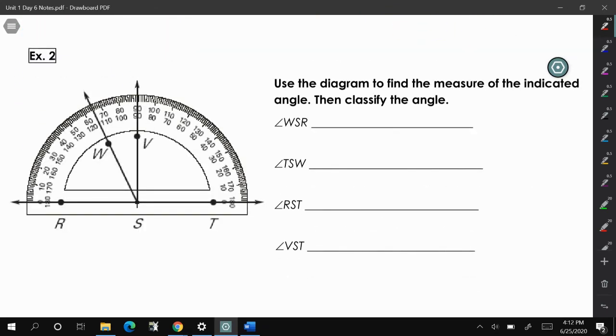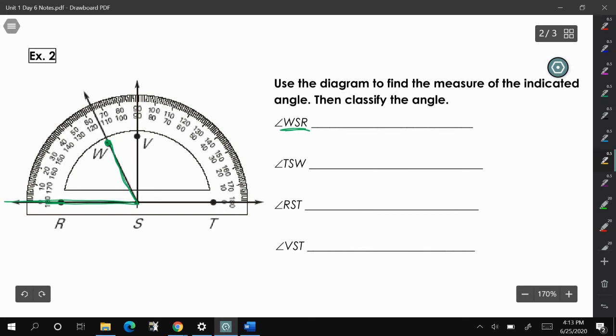All right, let's talk about how to use a protractor. So we have our paper one here, and we can use some real ones later on, but I think it's a good way to get an idea of how to use one. So if I want to find the measurement of angle WSR, this is the angle I want to use.